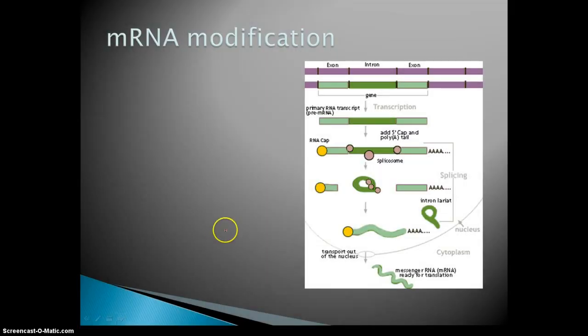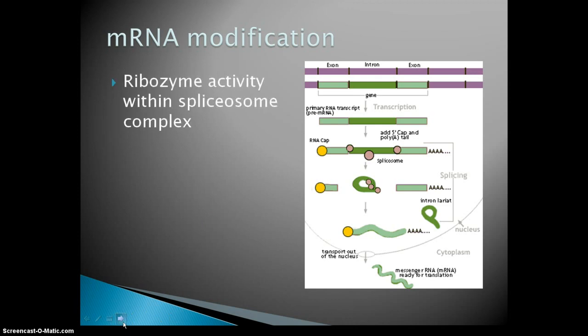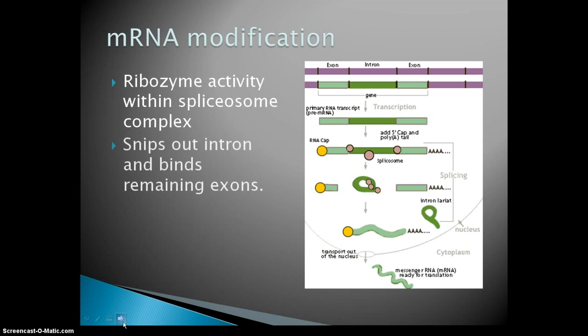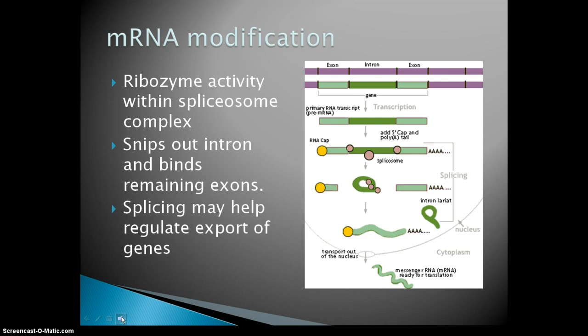Now, messenger RNA isn't actually done after that, all right? We talked about the ribozyme activity. We talked about removing the introns and the exons. And one of the things you have to know is that this process of splicing can actually help regulate how much mRNA or how quickly mRNA gets out of the nucleus.